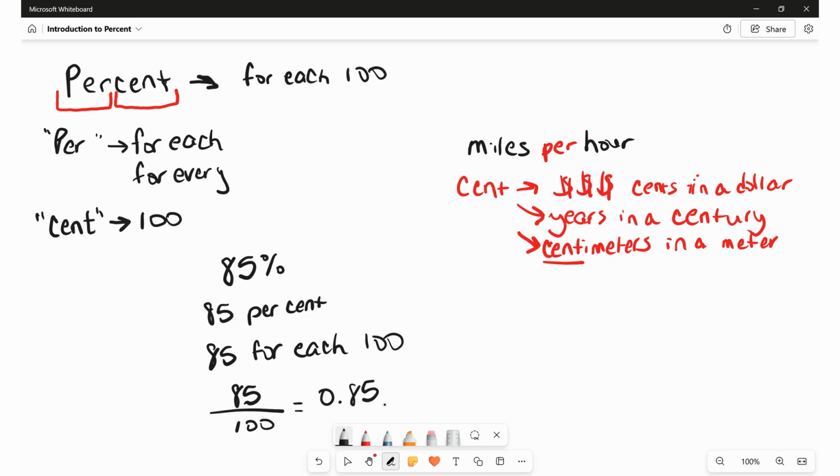You notice how this representation 0.85 is 85 hundredths, and it also looks a lot like money. It looks like 85 cents.